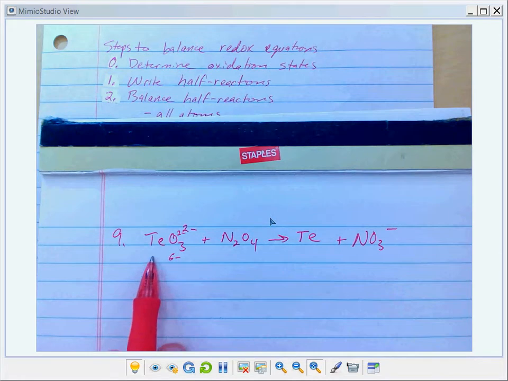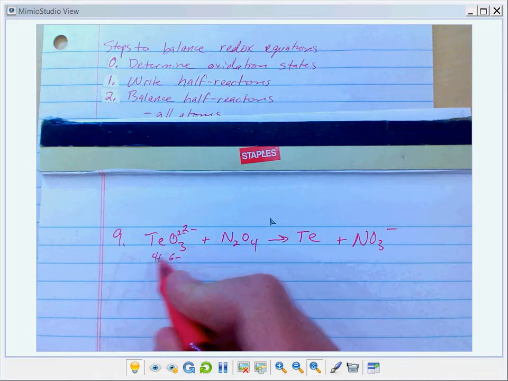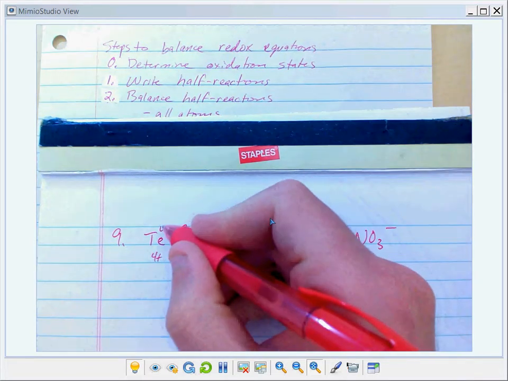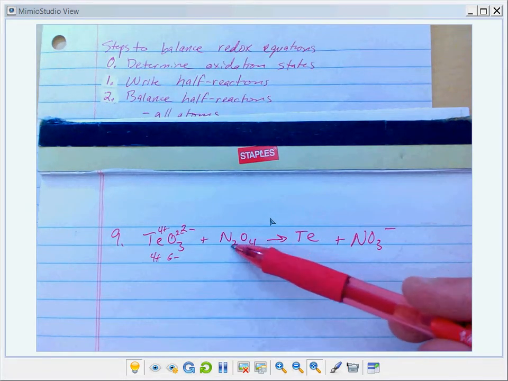Tellurium would be 6+ if the whole thing was neutral, but you'll notice that the entire species is 2-, which means there's 2 extra negatives. That means the tellurium part of this is only 4+. And that means that the tellurium ion has a 4+ oxidation state. Over here, nitrogen, oxygen.